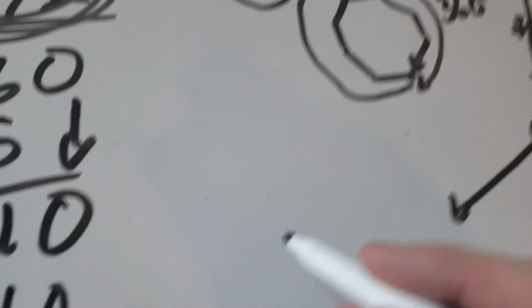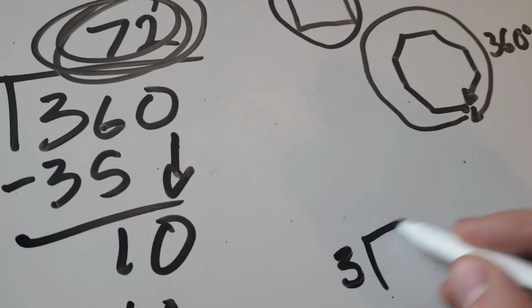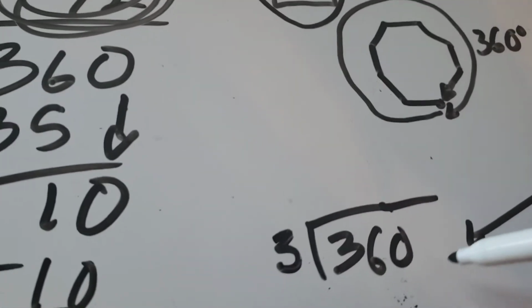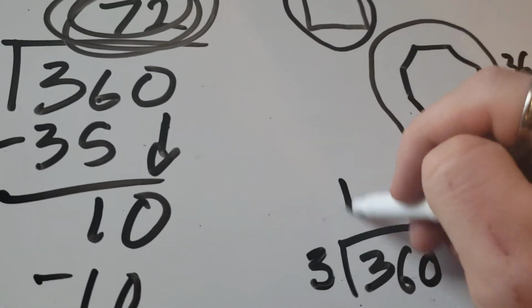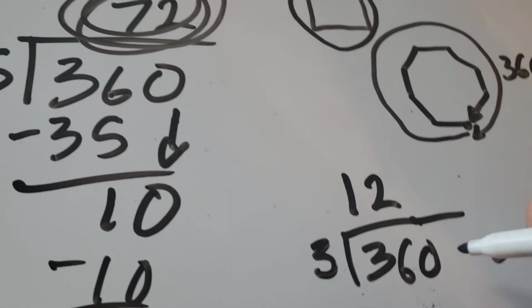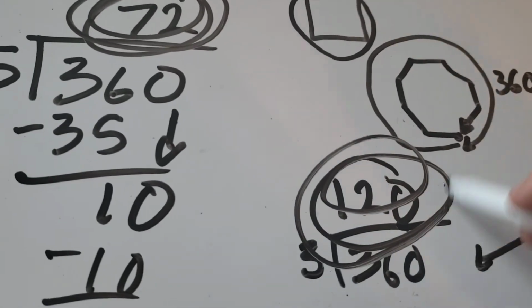So we took 3 turns to go 360 degrees. So each exterior angle is 360 divided by 3. 3 divided by 3 is 1. 6 divided by 3 is 2. 0 divided by 3 is 0. So each exterior angle is 120 degrees.